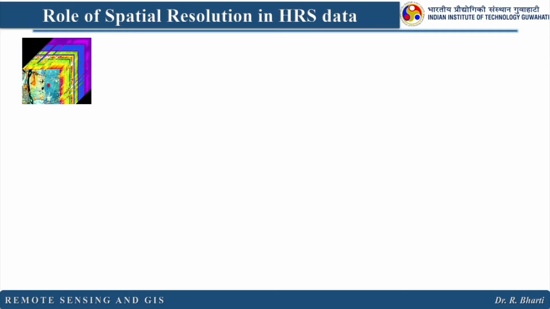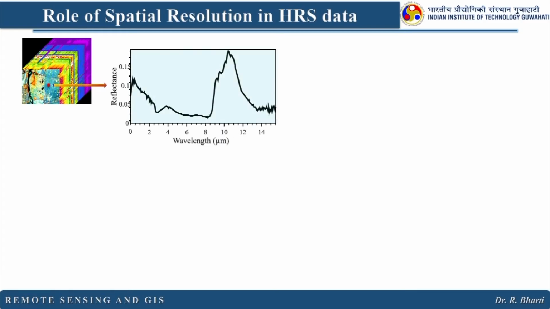This red dot I am considering as a pixel. Once you have identified your pixel, you will derive the response of that pixel across the wavelength. Here you have all the bands, and whatever value it has in different wavelengths, that we have plotted here.